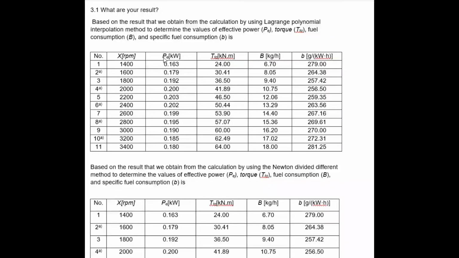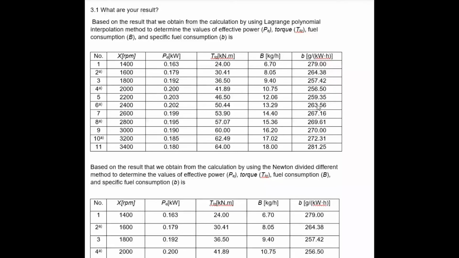For 1600 rpm, for the effective power we get 0.179 kilowatt. For the torque we get 30.41 kilonewton meter. For the fuel consumption we get 8.05 kilogram per hour, and for the specific fuel consumption we get 264.38.